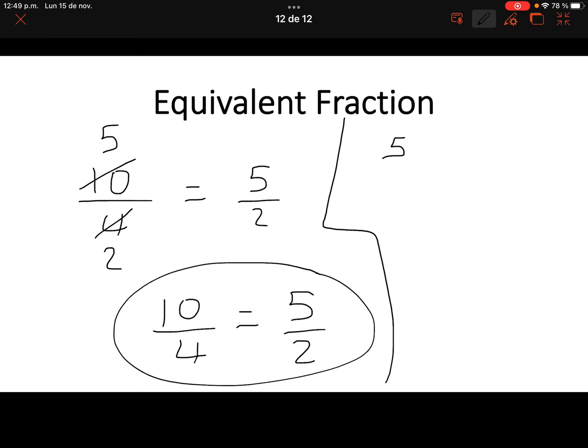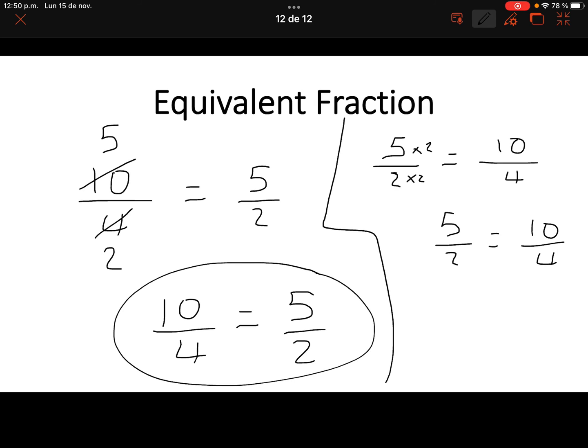For example, we have the fraction 5 over 2, and we want to multiply the numerator by 2 and the denominator by 2. The answer is 5 times 2 is 10 at the top, and 2 times 2 at the bottom is 4. Then 5 over 2 is equal to 10 over 4.